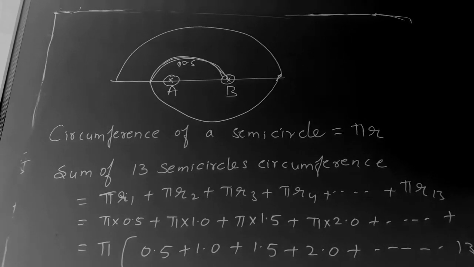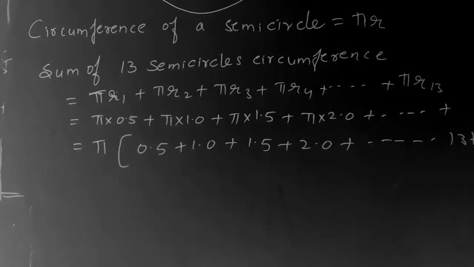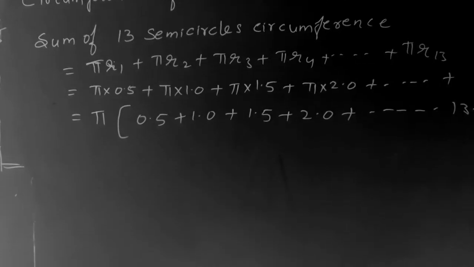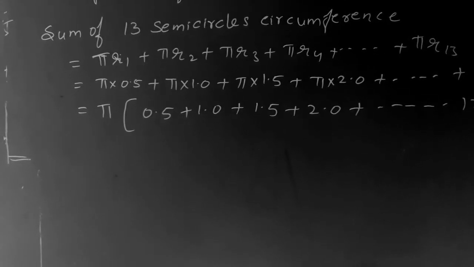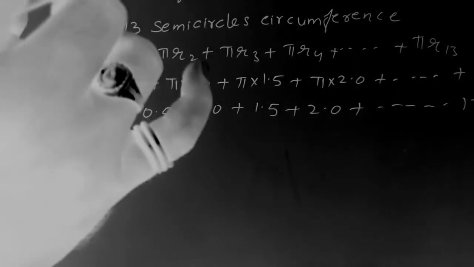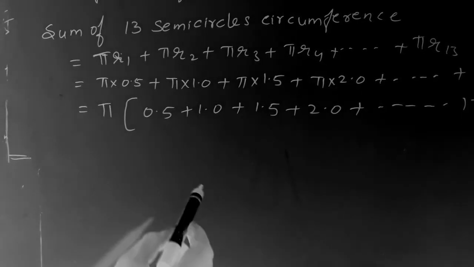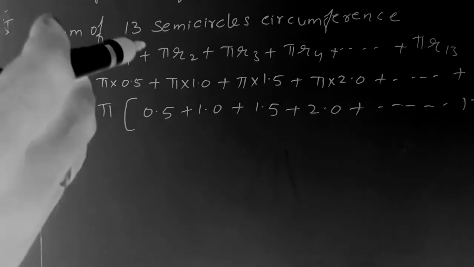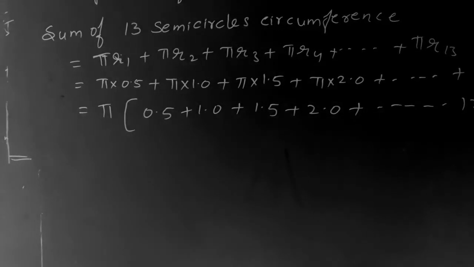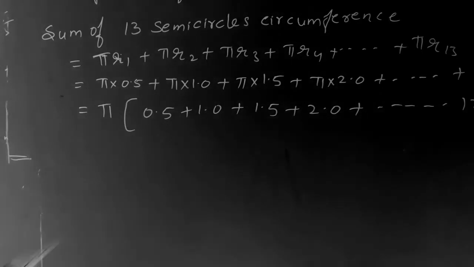Just observe here 0.5, 1.0, 1.5. The common difference is the same, so it will form an AP series. So I am going to find the sum of 13 terms in this series, which will give you the total radius.